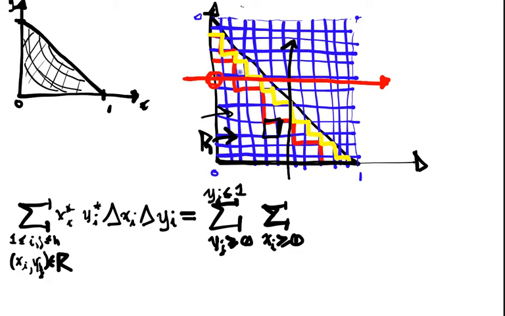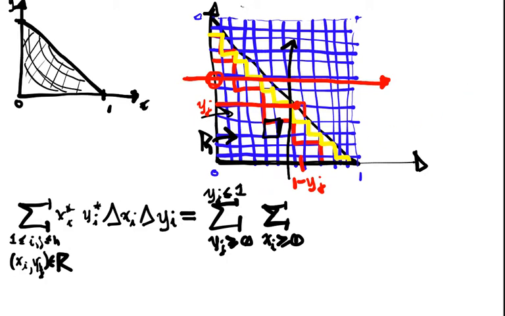If I'm at a particular partition, so if I follow this line, this is, say, yj at this stage. If x gets bigger than 1 minus yj, then my corner is outside of the boundary and I want to exclude it.